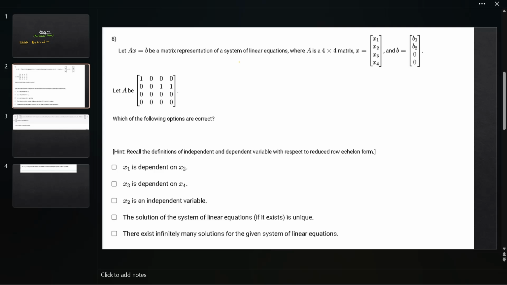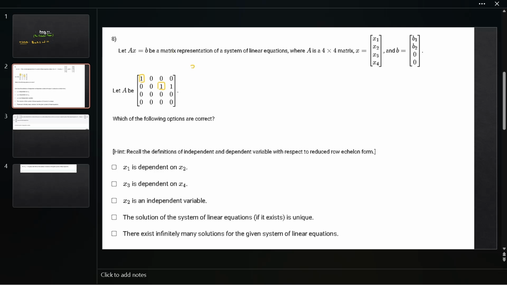So the first option says x1 is dependent on x2. Here, if we try to mark the pivot elements, then 1 is a pivot element, and in the second row, this one is the pivot element. We know the columns in which the pivot elements are there are called pivot columns, and the variables corresponding to the pivot columns are your dependent variables.